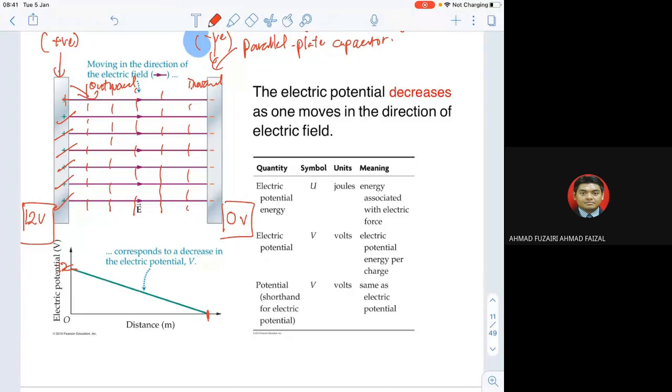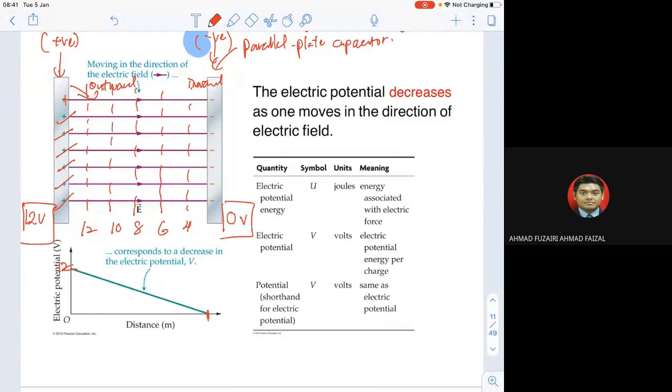So it started with the 12-volt battery, and maybe here we get 10, 8, 6, 4, and so on, and becomes 2 and 0. So that's how it decreased. We can plot this as electric potential versus distance, and we can see that the potential decreases as one moves in the direction of the electric field.